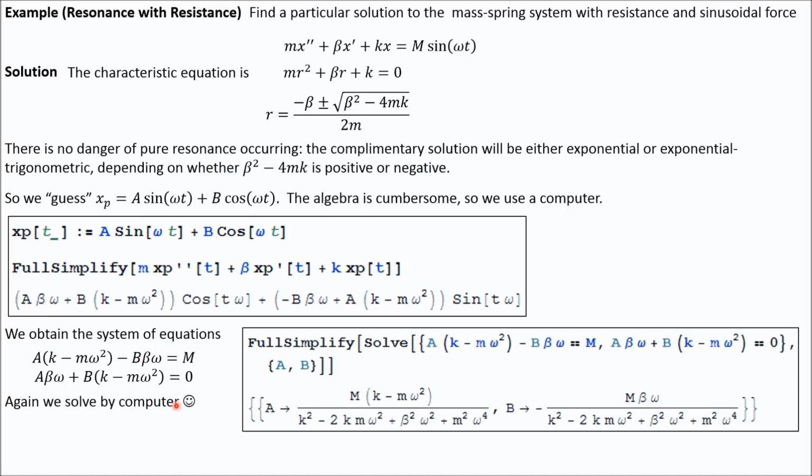So we plug these equations into our Solve function, and I also simplified the answer, otherwise it's kind of ugly. I'm not really sure why Mathematica doesn't just automatically simplify solutions. I'm sure there's some reason, but anyway, use FullSimplify to clean things up, otherwise this turns into a bit of a mess. Anyway, you get these values for A and B.